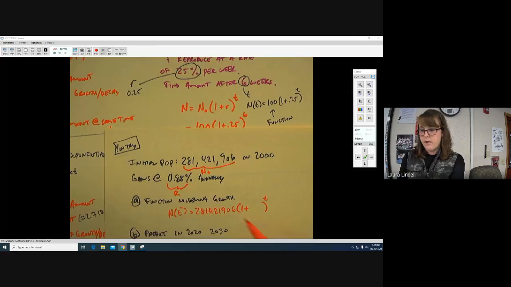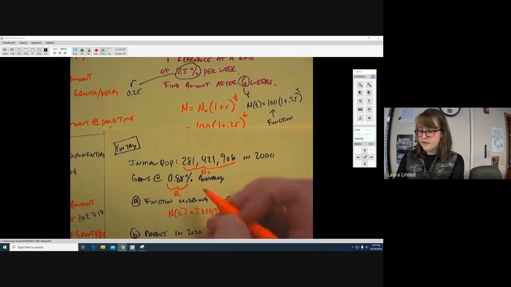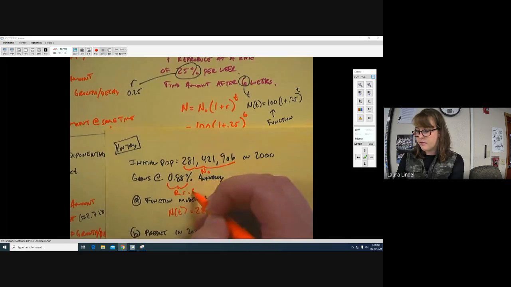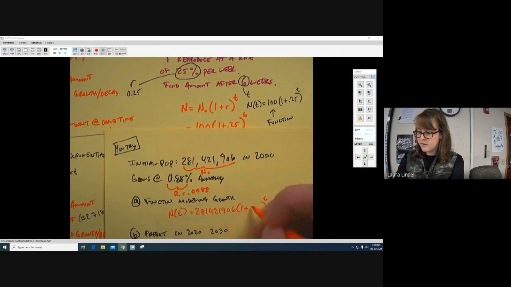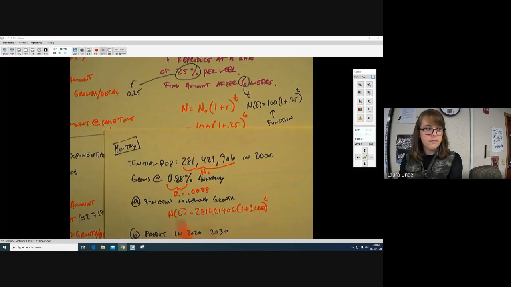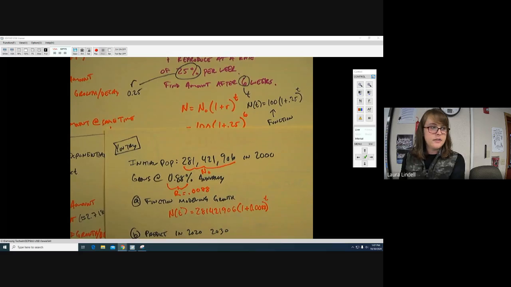And if the rate is 0.88% as a decimal, that's going to be 0.0088. So this should be our function modeling growth in years since the year 2000.